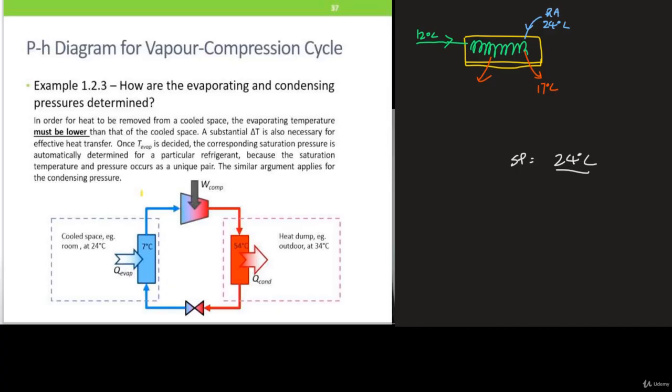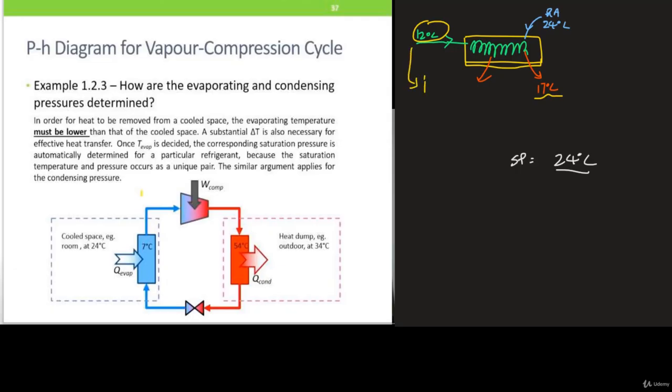This temperature cannot be too high. If your evaporating temperature is around 20 degrees Celsius, there's no way that it can produce air at 20 degrees Celsius, or 19 degrees Celsius. It will be higher. Definitely, it will always be higher, and the best it can get is to be equal to your evaporating temperature. So once you have determined the temperature, it will have a certain pressure.